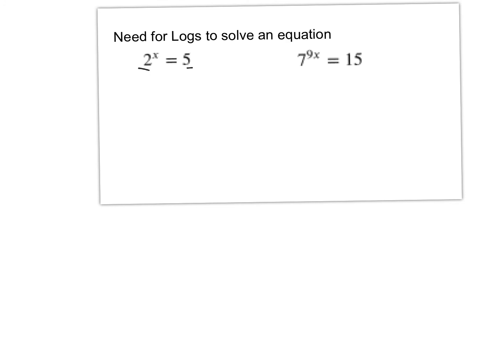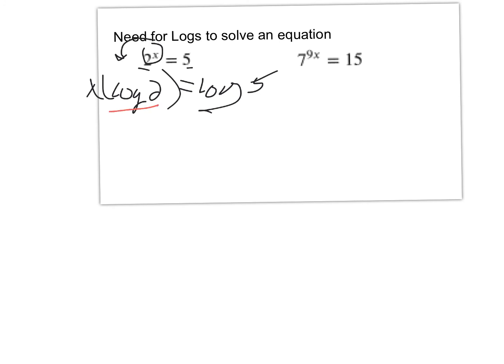That's my job. All right, so again, we're going to try to drag this x down. So we're going to use log to do it. X times log 2 equals log 5. Now again, we're going to try to get rid of the log 2, so divide by log 2.